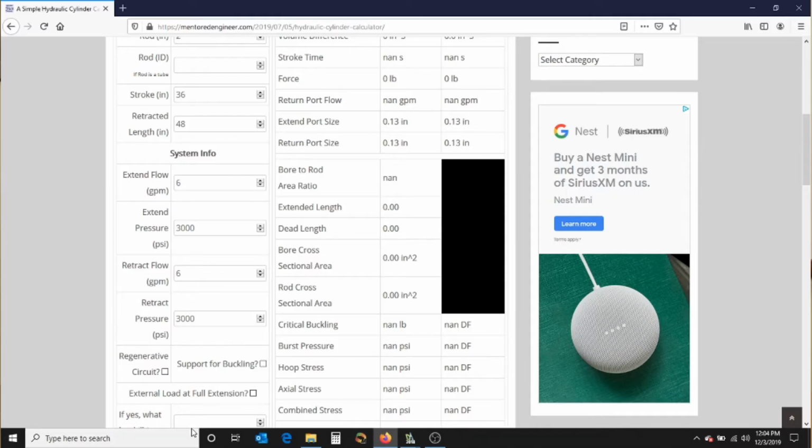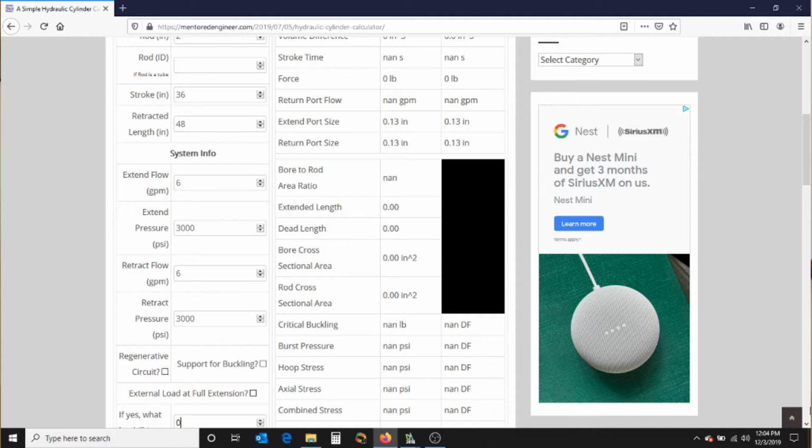You want to make sure that the weight of the boom and all the stuff on top, plus trying to extend that cylinder, doesn't pull that cylinder apart. So if we have an external load at full extension, we want to know that, and we click that button, and then we can add in our load there.